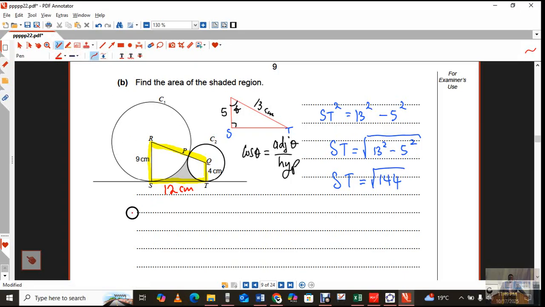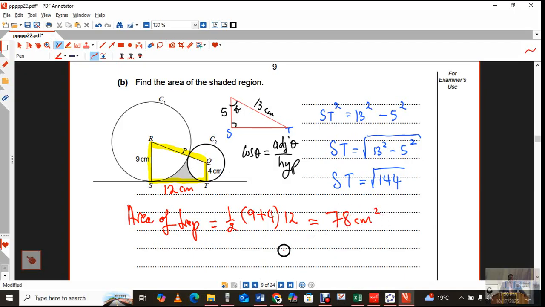The area of that trapezium is always a half times the sum of the parallel sides. The sum of the parallel sides is 9 plus 4, times the height, and the height is 12. That is why we needed to find that 12, because if you take that trapezium and just flip it around, this is giving you 78 square centimeters.